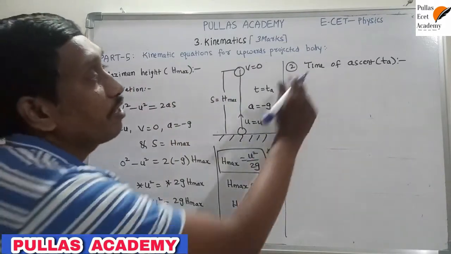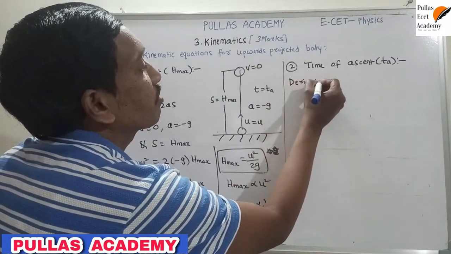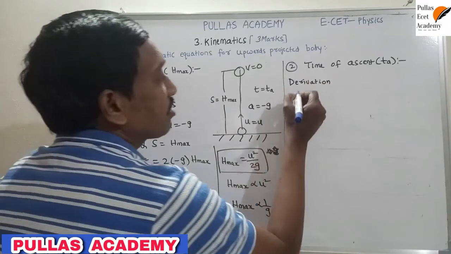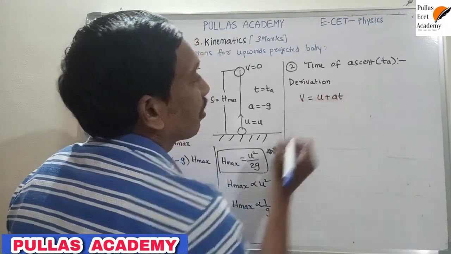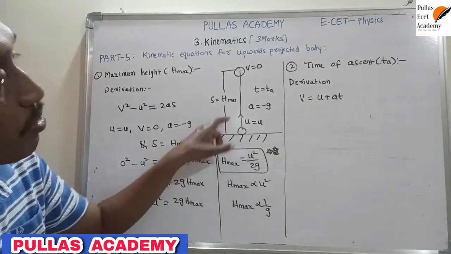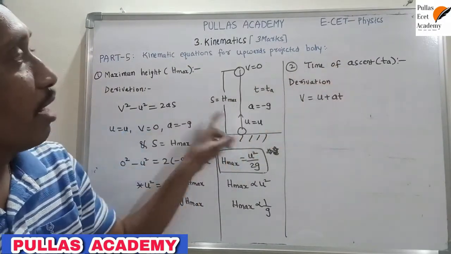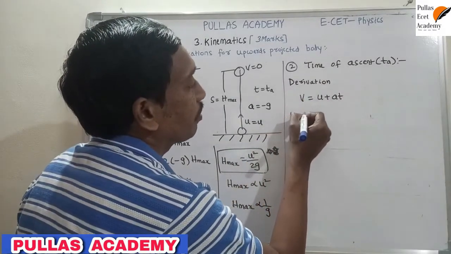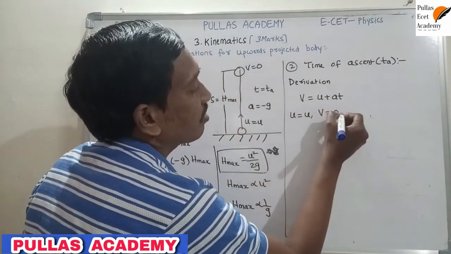Now if you want the expression for time of ascent, we derive it this way. From the first kinematic equation, v is equal to u plus at. For an upwards projected body, u is u, but when it reaches the maximum height the velocity is 0.